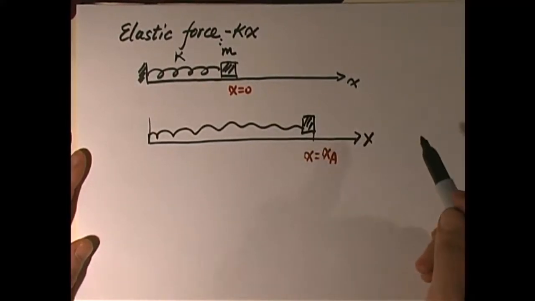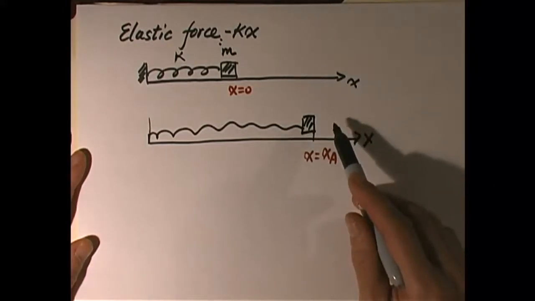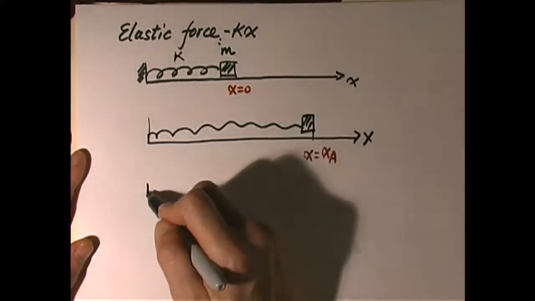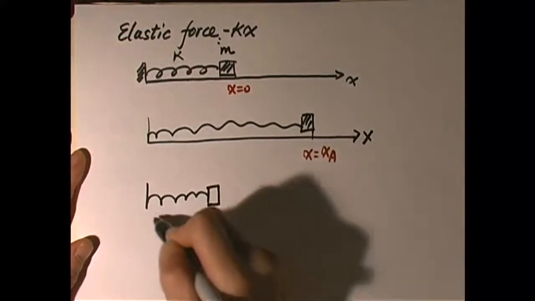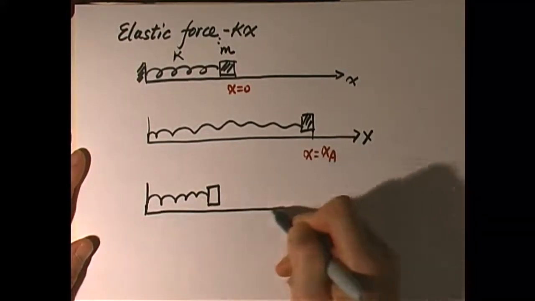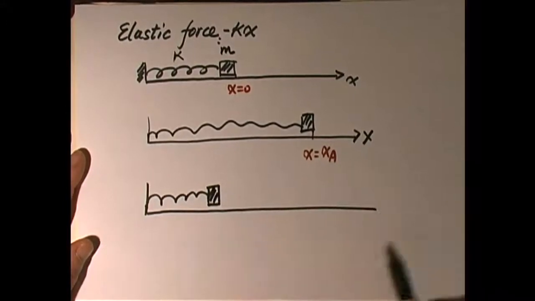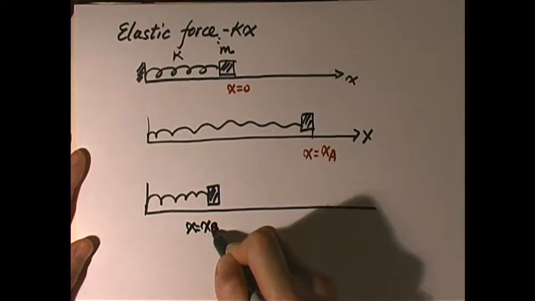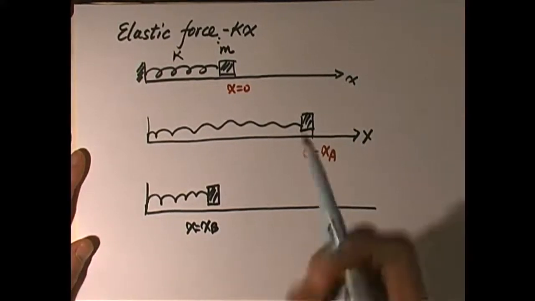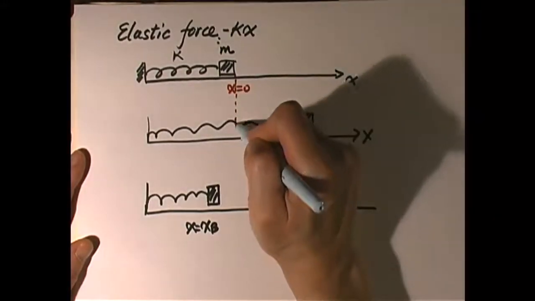Well, and then if we let this block somehow go to another position, which is on the left side, let's name it x equals x of b, and this is the x equals 0 line.